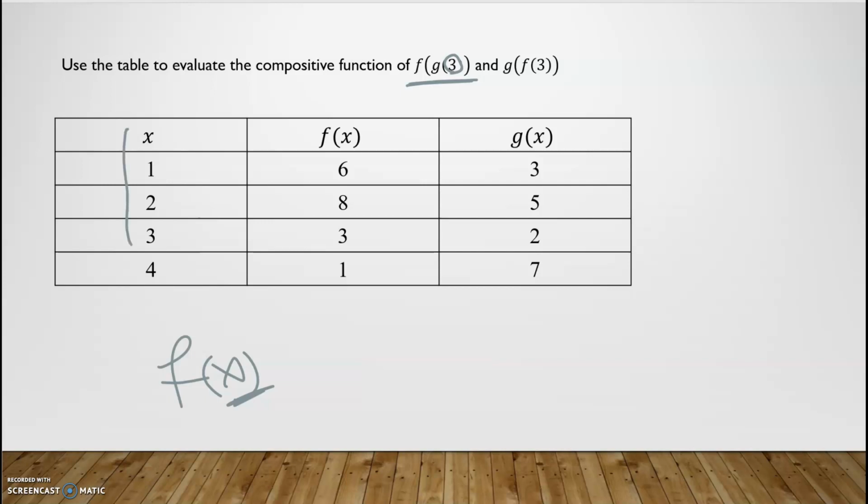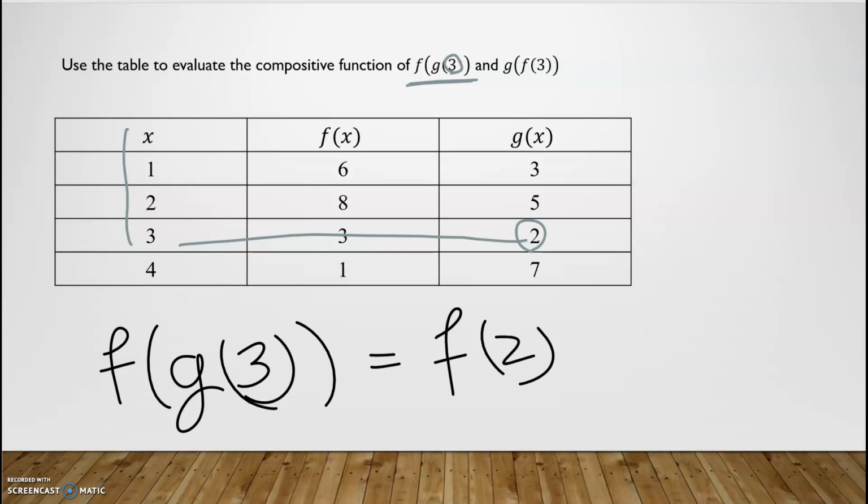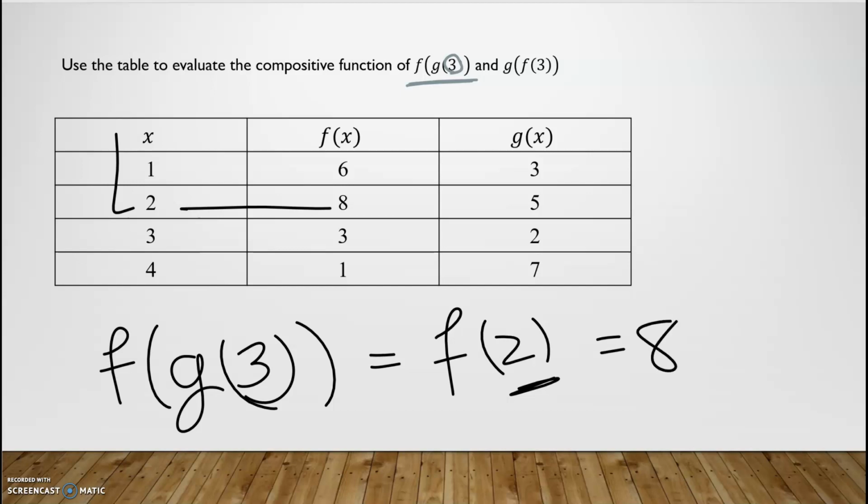So we're going to go to 3, and then we're going to go to g of x, which is 2. Okay, so now what we've done is we've turned f of g of 3, let me write that a little better, f of g of 3 is now f of 2. So we go back and we say, okay, well, this right here is my x value. So I'm going to go to 2, and then I'm going to go to f. So this is equal to 8.